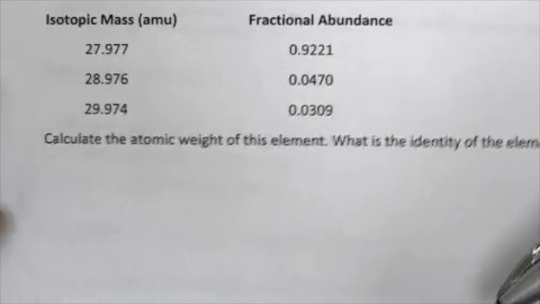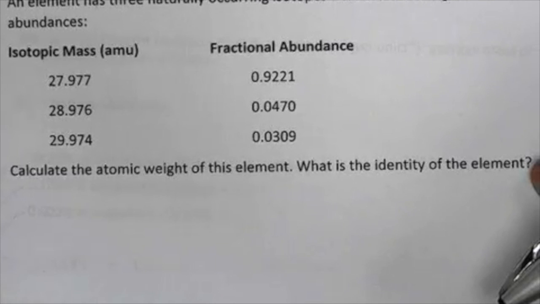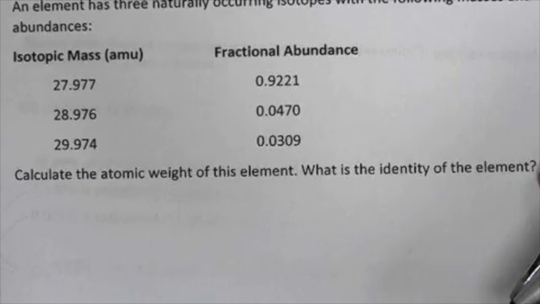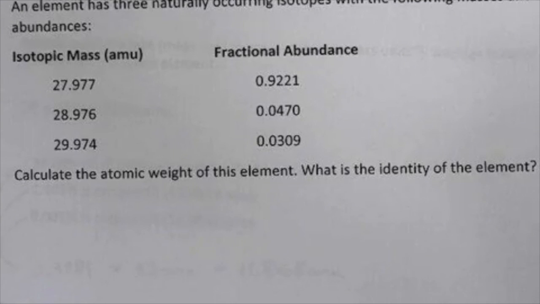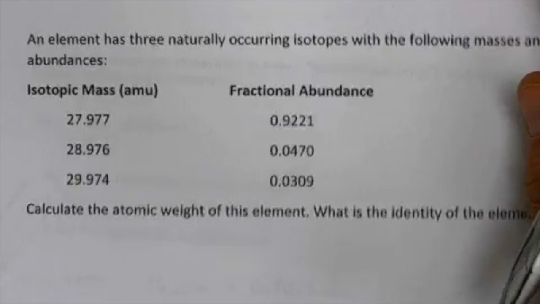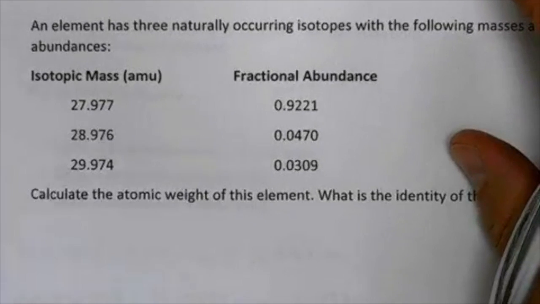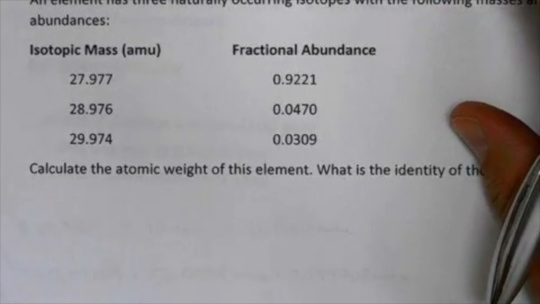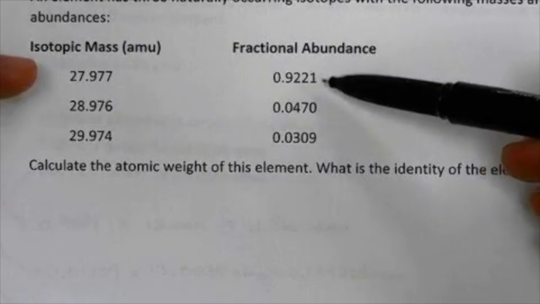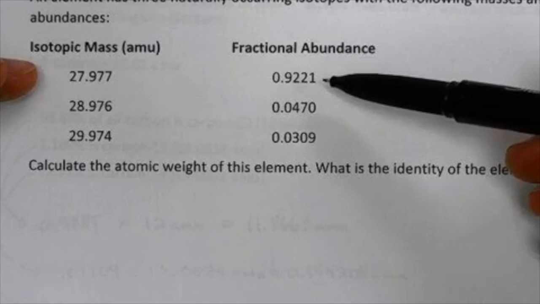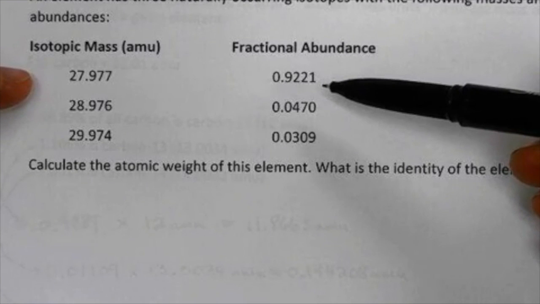Let's go ahead and try another one. So again, write this down. You can paraphrase if you need to make it a little easier for you. This one is only different in that instead of giving you the percentages, the abundances, meaning how much of each isotope there is, they're given to you already as a decimal, so we don't need to divide by 100.